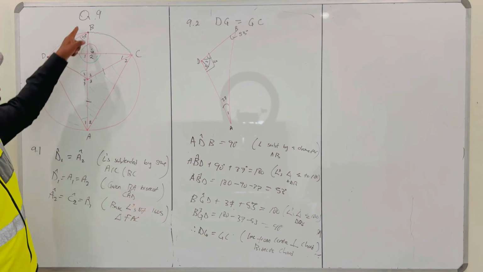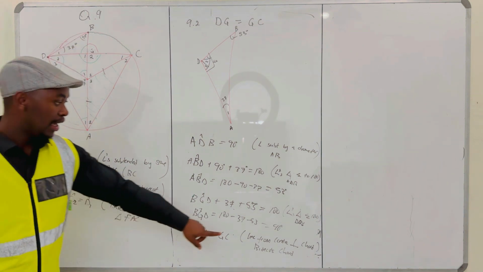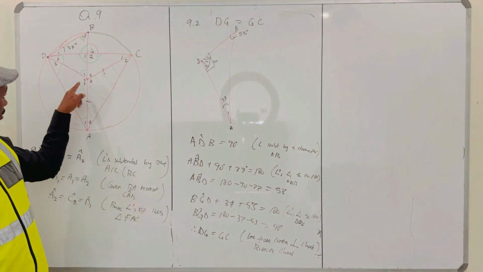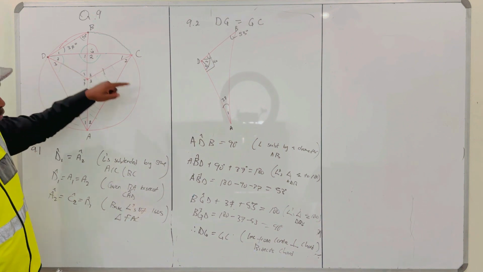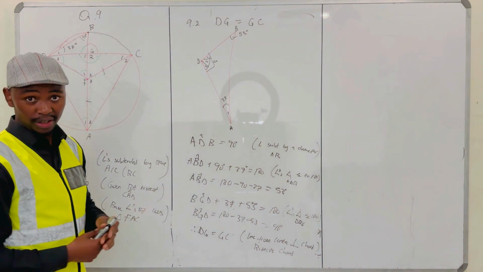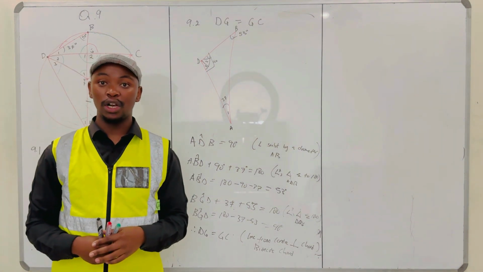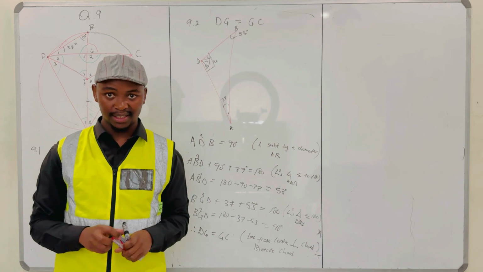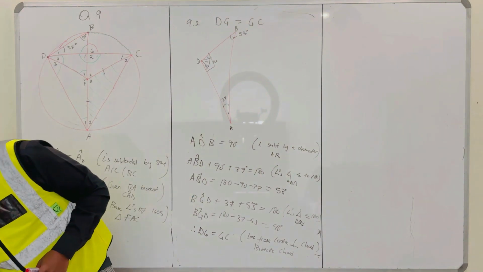Line FG, drawn from the center perpendicular to that chord, which is called DC, will bisect that chord. That's what the theorem says. Now we've proven that indeed DG is equal to GC because it is bisected by that line from the center. Okay, let's move on to the next question.